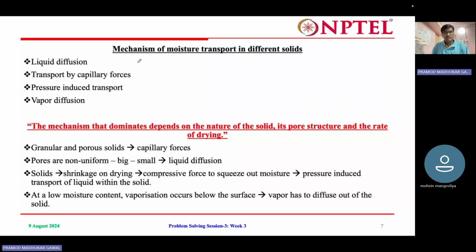Here are the mechanisms of moisture transfer in different solids: liquid diffusion, then transfer by capillary force, then pressure induced transport, and vapor diffusion transport. Here is the solid material, and here is the moisture, when we heat at particular temperatures.